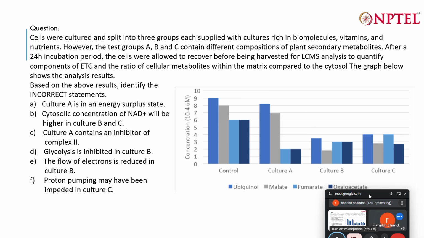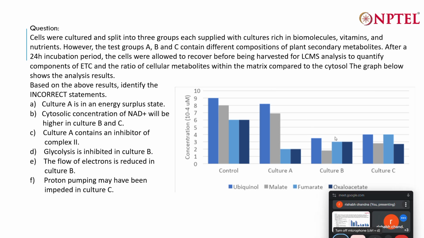Okay, so the question says that there were four cultures. One is the control, and the other three, A, B, and C, are supplied with secondary metabolites that have some inhibitory role in the ETC. They were grown, and then after the 24-hour incubation period, the cells were allowed to recover, and they were grown in normal media.